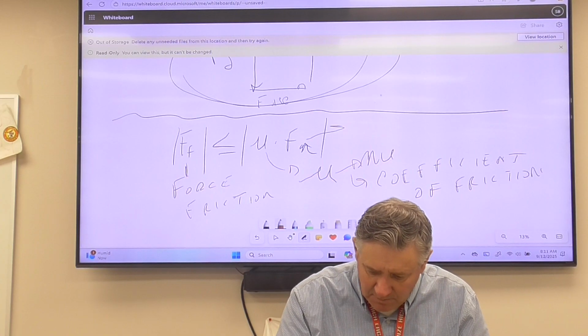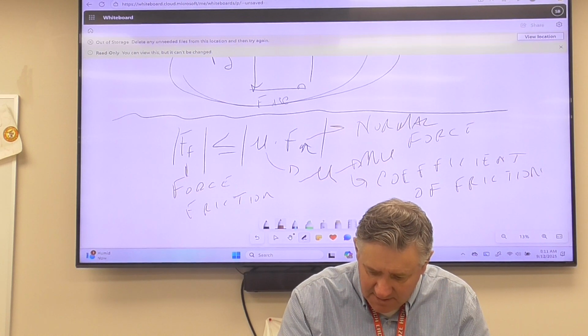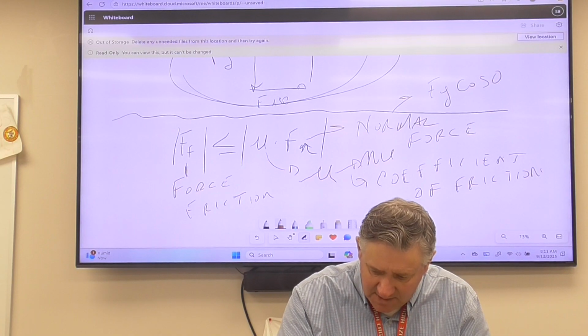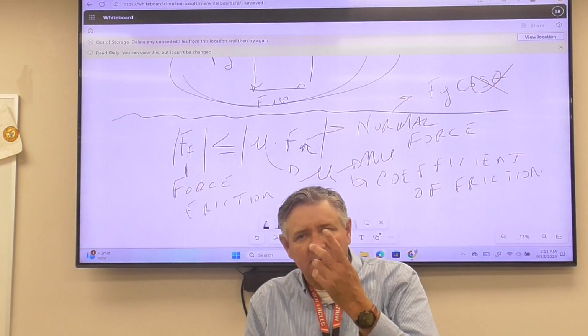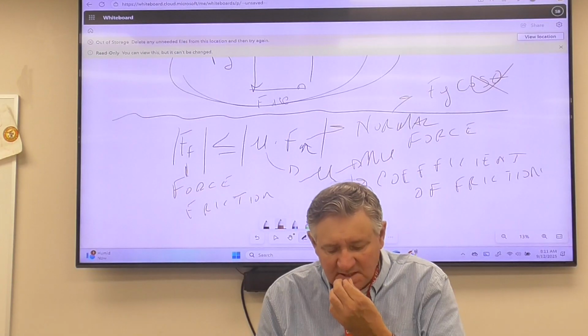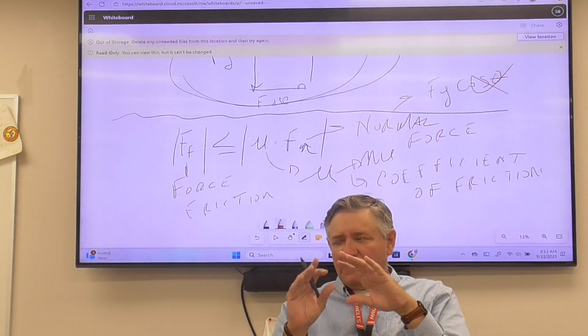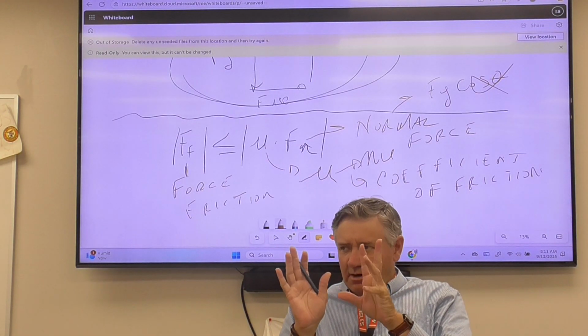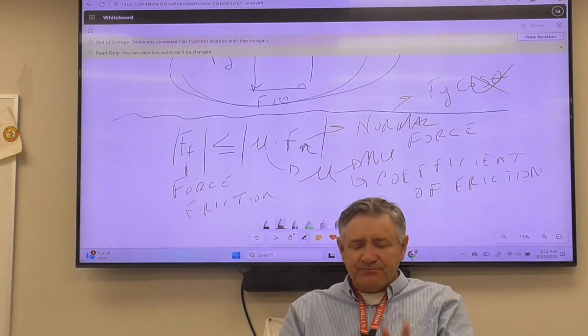And this F normal is just your normal force. And again, technically, your normal force is Fg cosine theta. For now, don't worry about the cosine theta part of this. So this is like the theoretical, big, long, drawn out version of this.